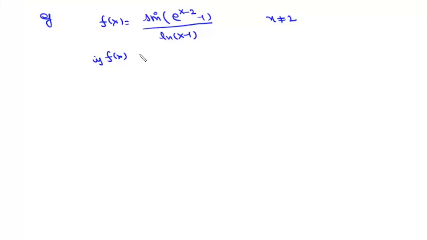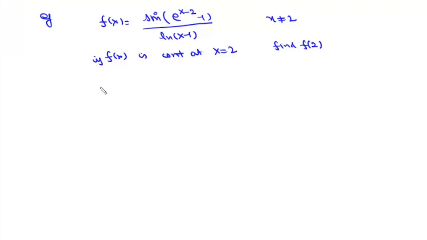Now, say for example, it says, let f(x) be this function sine of e to the power x minus 2 minus 1 upon log x minus 1 when x is unequal to 2, and it says if f(x) is continuous at x equal to 2, find the value of f(2).